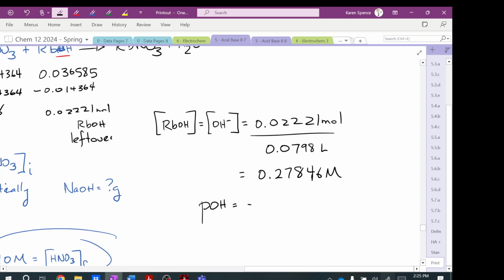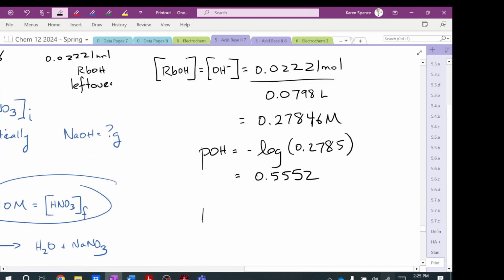pOH is negative log of 0.2785, which is 0.5552. pH equals 14 minus 0.5552, which equals 13.4448. How many sig figs do I have? That was ugly.